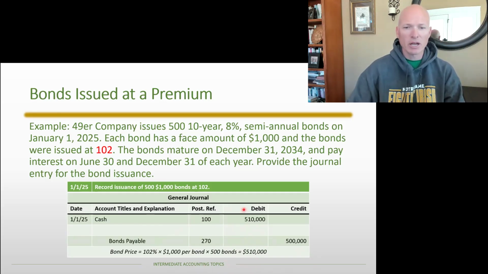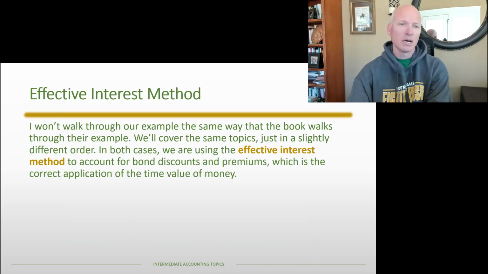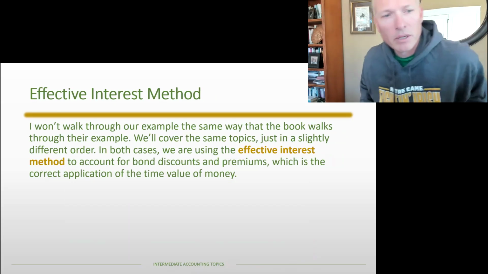The cash that I receive is more than the par value of the bonds. That difference is the premium on bonds payable. That's a normal liability account. And so that $10,000 is the amount of the purchase price over the par value. Again, we're just covering the issuance, and now we're going to focus more on the discount bond.